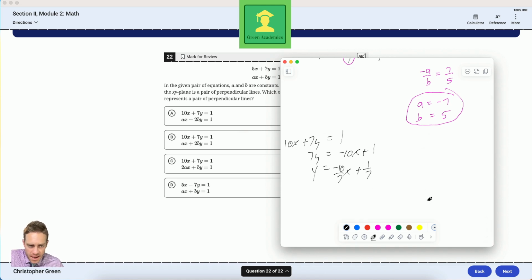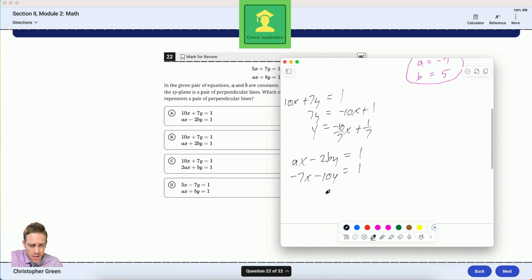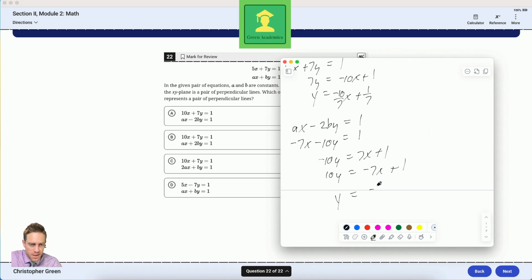And then using the fact that a is negative 7 and b is 5, the bottom one in A would actually give you ax minus 2by is 1, which is negative 7x minus 10y is 1. So negative 10y is 7x plus 1, so 10y is negative 7x plus 1. So y is negative 7/10 x plus 1. So no, because when you get to here and here, those are not negative reciprocals.